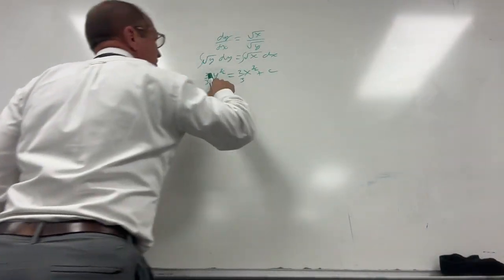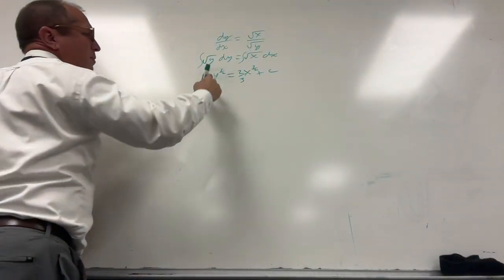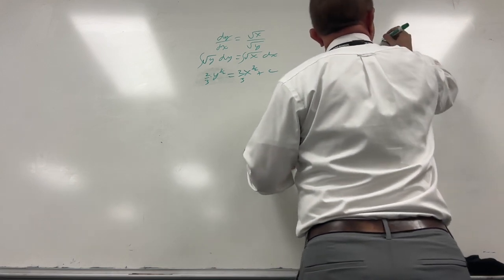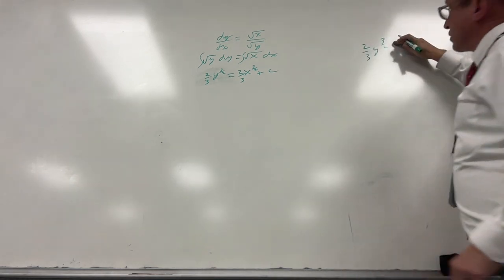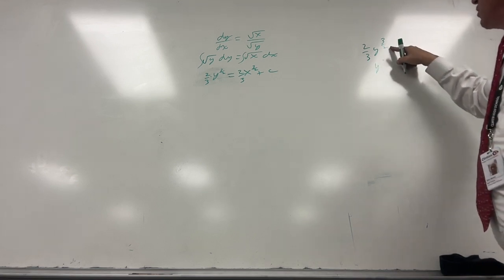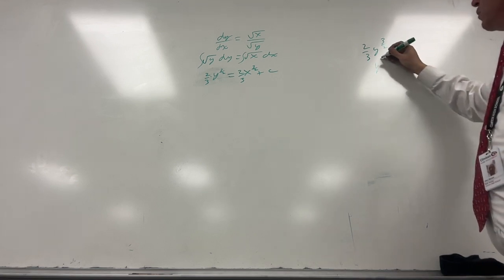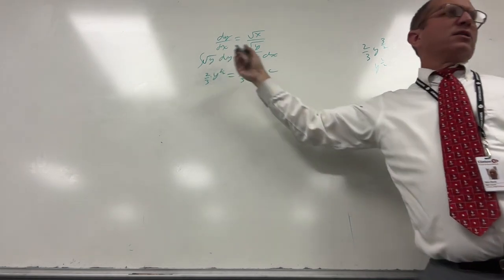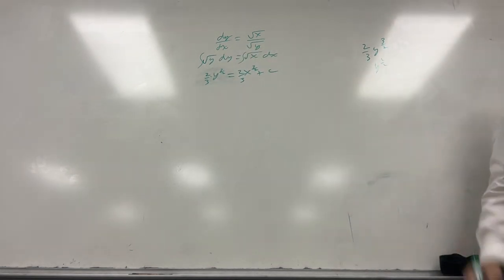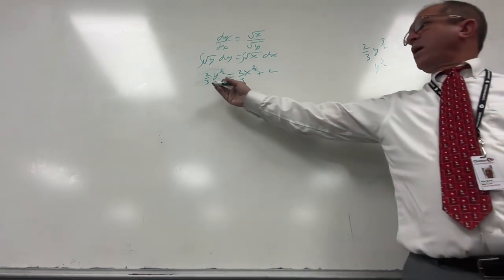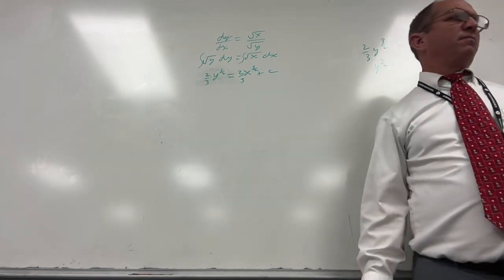What is the derivative of 2/3 y to the 3/2? If I took the derivative of that, it would be y to the, and then 3/2 minus 1 is 1/2, right? So if I stuck an extra y in there, it wouldn't be its antiderivative.